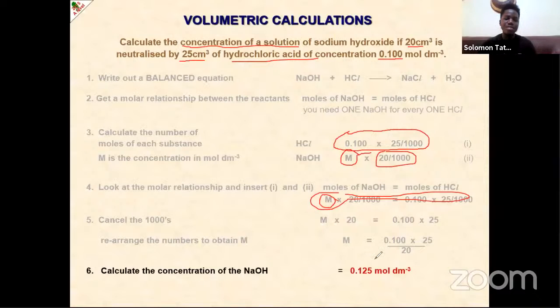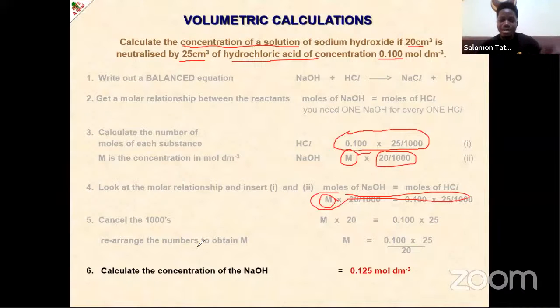But we need to know the first principles. So in first principles, we should first, of course, calculate the moles of HCl. After finding the moles of HCl, they are the same moles as sodium hydroxide. Then we would say the 20 cubic centimeters contained those moles we found.